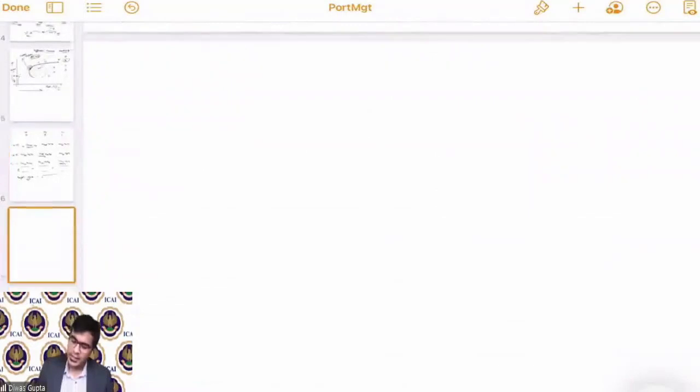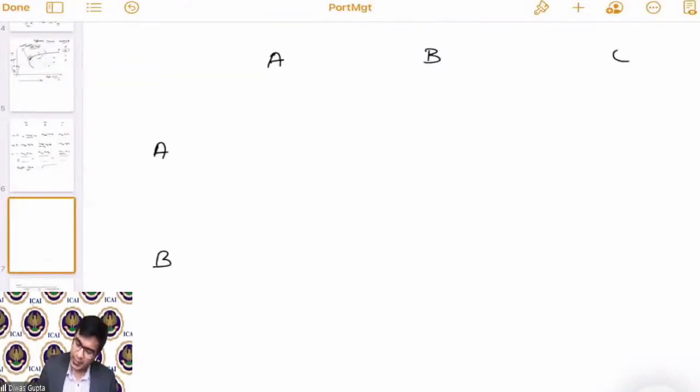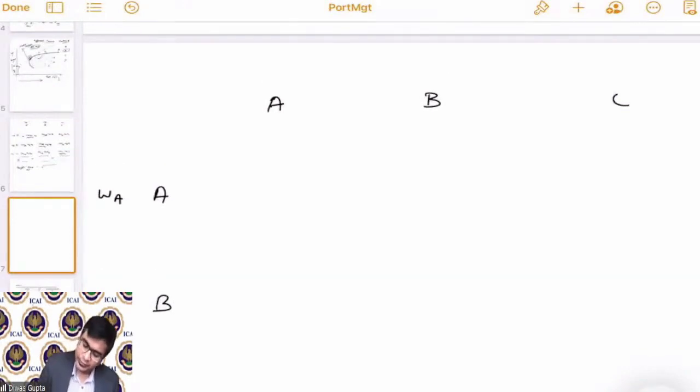Okay, so I'm just writing here A, B, C, similarly A, B, and C. This is again weight A, weight B, weight C, weight A, weight B, weight C.